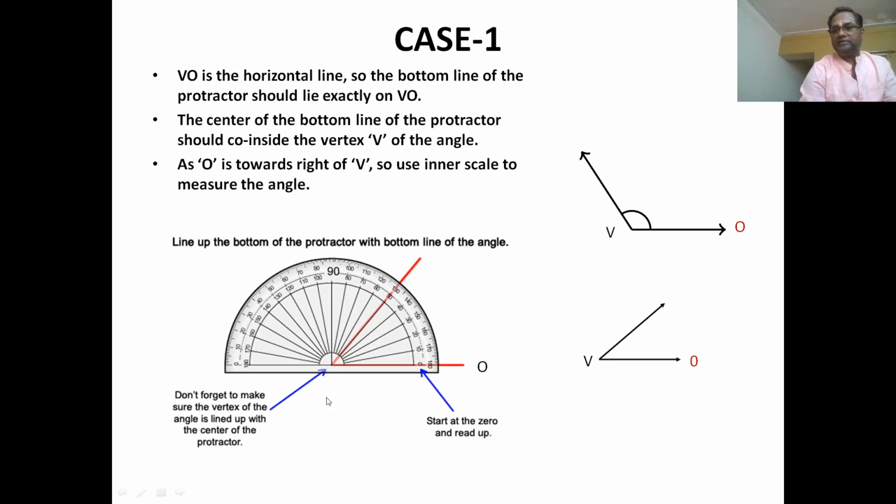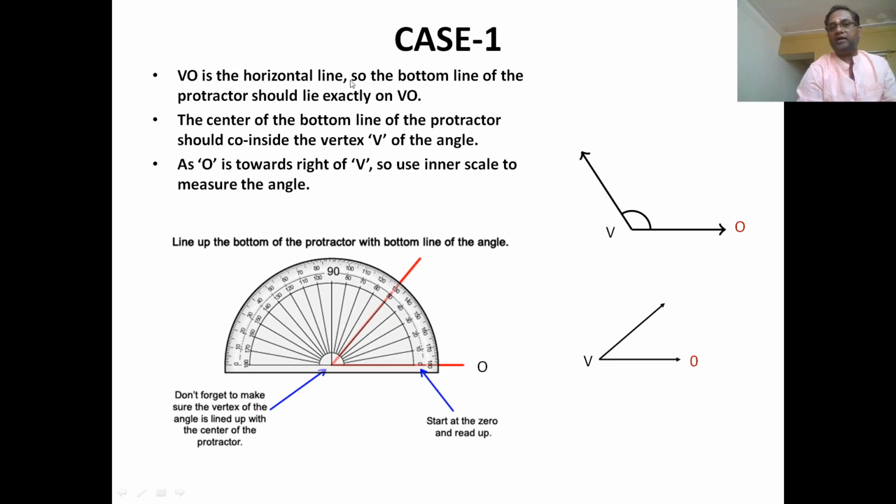Here in these both angles, you can see this is the bottom line. I have represented the vertex as V and the free end of the bottom ray of the angle as O. Here also you can see this is the vertex, I have represented it as V and the free end is represented as O. Now VO is the horizontal ray.